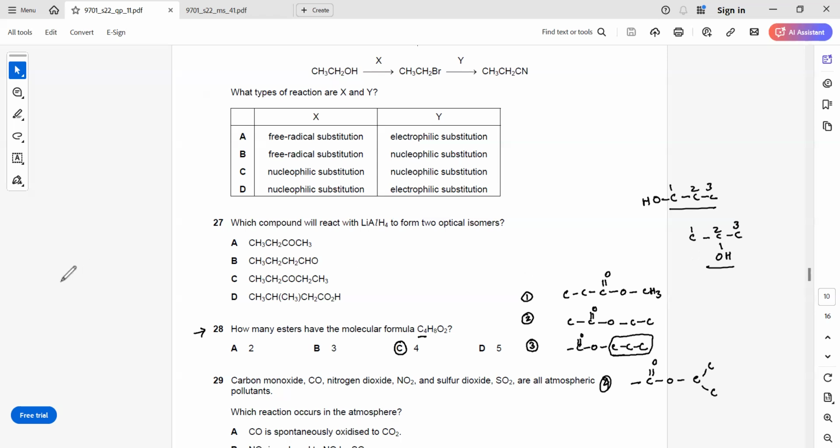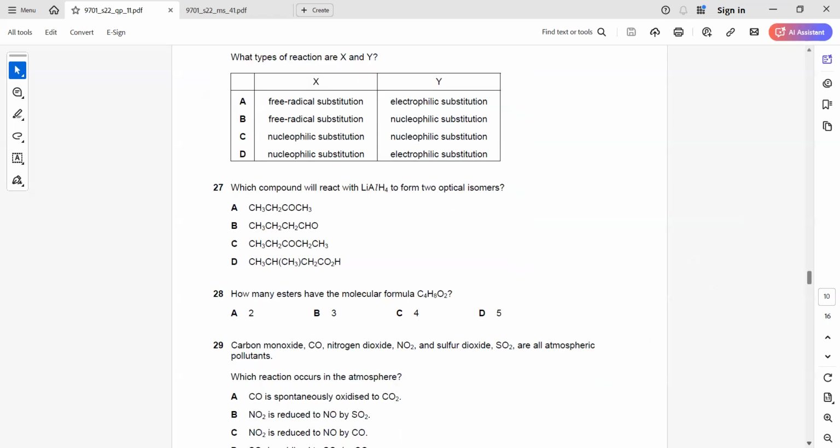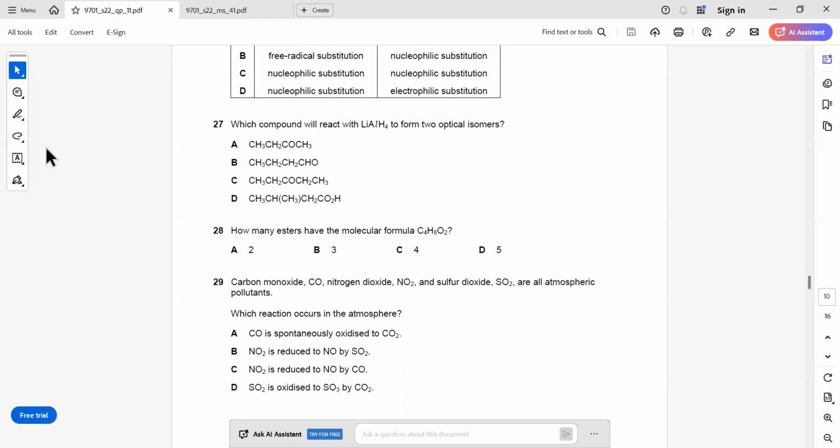Okay, after this, let's see another one. Number 29. What they are saying in this question, they are saying carbon monoxide, nitrogen dioxide and sulfur dioxide are atmospheric pollutants. So, which reaction occurs in the atmosphere? If we go through that chapter of air and atmosphere, we have this reaction.